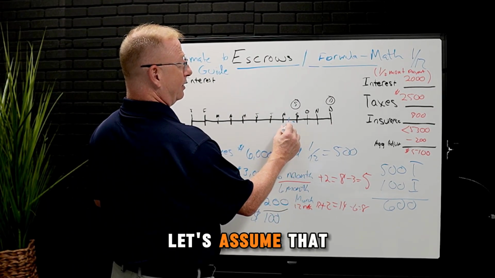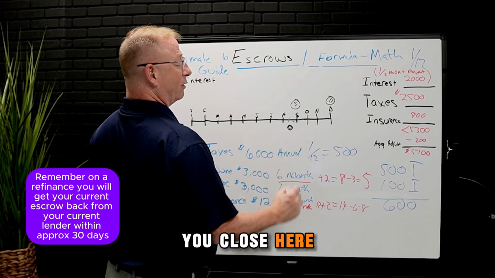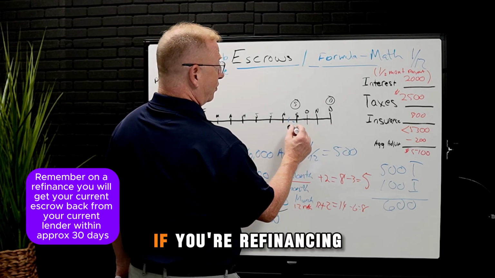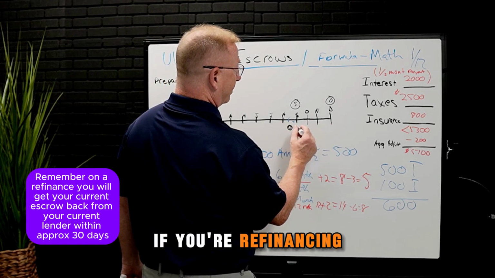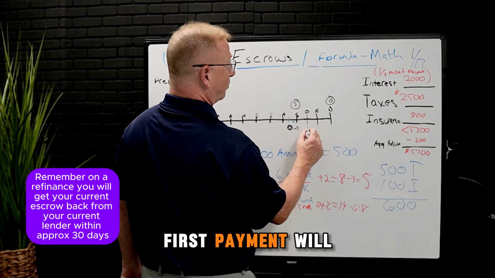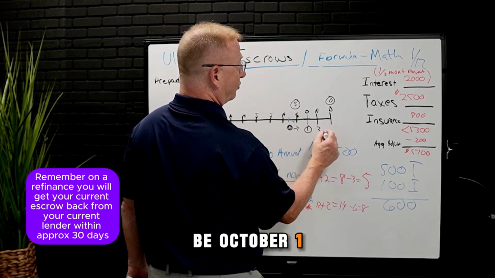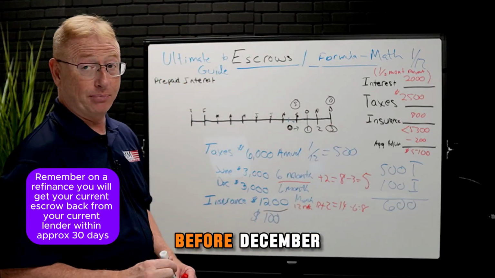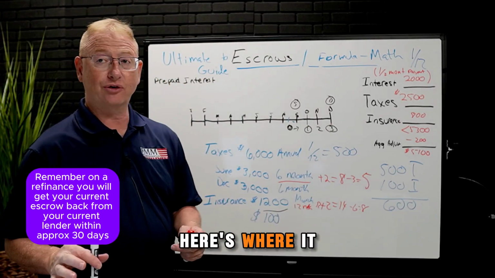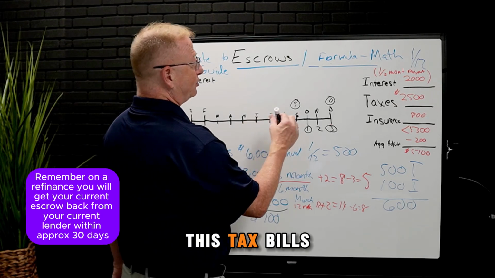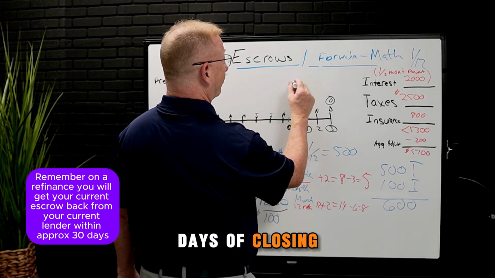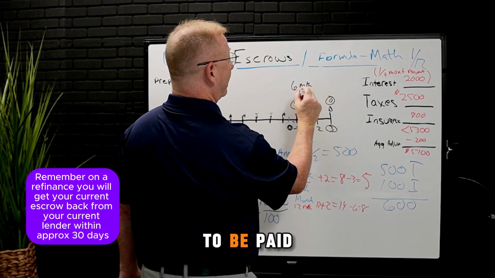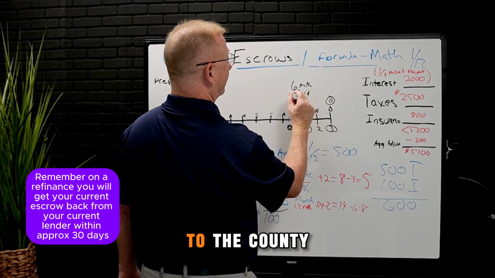Let's assume that you close here August 15th. If you're refinancing, first payment will be October 1, 2, and 3. So you're going to make 3 payments before December. Here's where it gets crazy. If this tax bill is due within 60 days of closing, they're going to require that 6 months to be paid to the county.